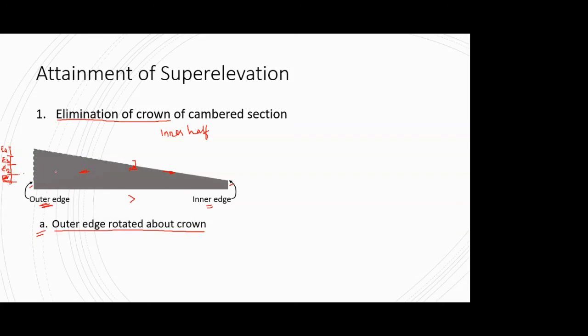You get something like this, that there is no crown, and it's a straight section now.